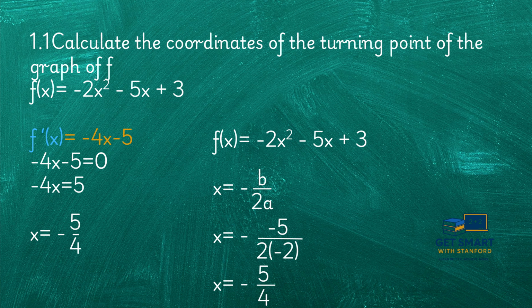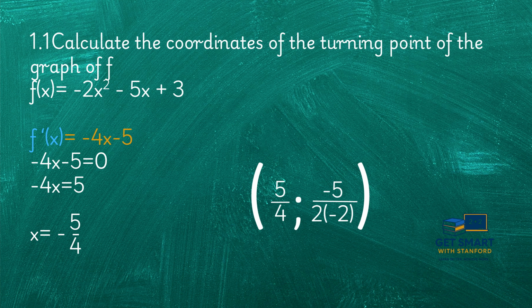We have -5/4, which is the same answer as the one we got when using the first derivative option. Now let us substitute -5/4 into the original equation to get the value of y at the turning point. And the coordinates are (-5/4; 49/8).